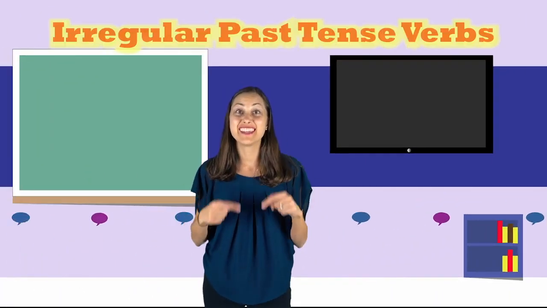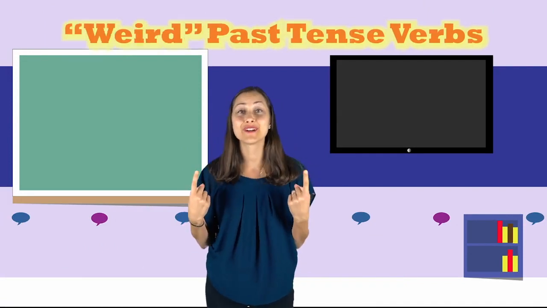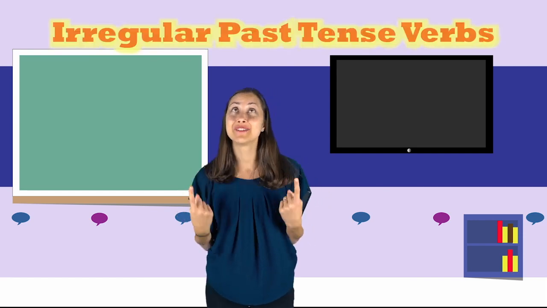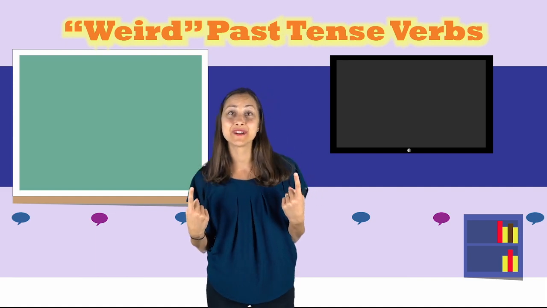These are the irregular, the weird past tense verbs. If I talk about right now, I say I read. If I talk about before, I say I read. Hear becomes heard and sleep becomes slept. Fall becomes fell and keep becomes kept.